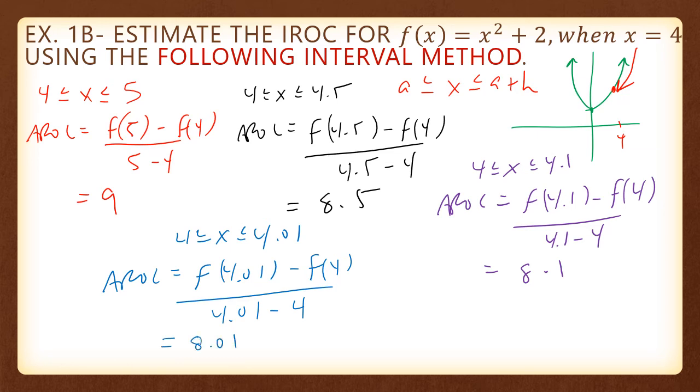And if you did it a fifth time and you went to the thousandths, so 4.001, it should be 8.001. So we can again make the estimation that the IROC, based off of the pattern we're seeing with our IROCs, is getting close to 8. So therefore, the IROC of f of 4 is approximately 8.